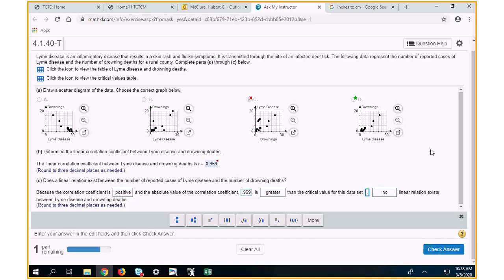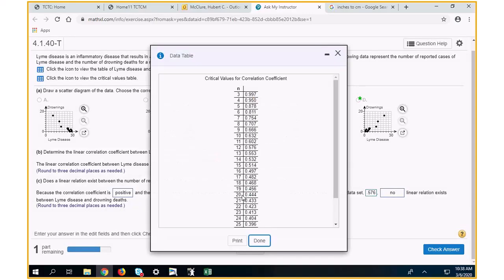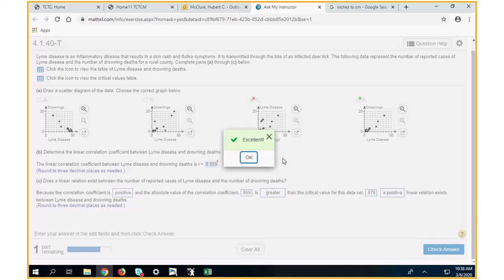What was it, 0.576? Yeah. Check answer. Okay, the critical value for 12 is 0.576. Oh, there is a positive. There we go. And that should be right.